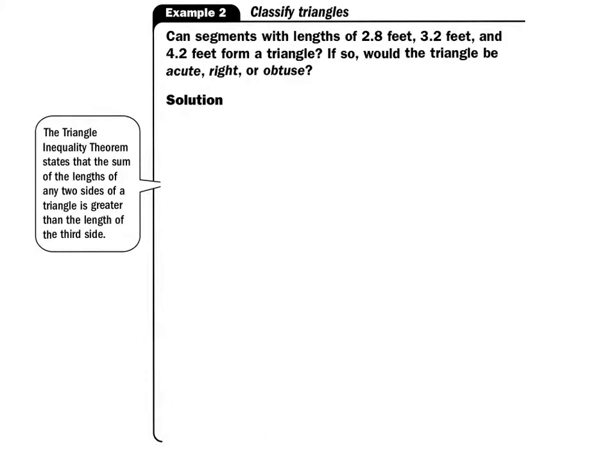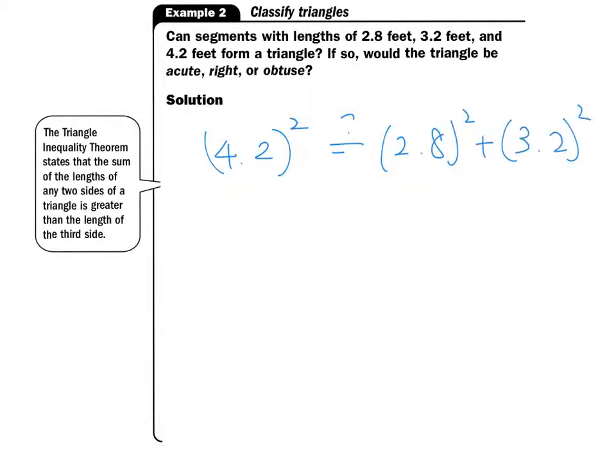So let's look at an example here. It says, can segments with lengths 2.8, 3.2, and 4.2 feet form a triangle? If so, would the triangle be acute, right, or obtuse? We find the longest side, which is 4.2, and square that, then square the other two and add the two shorter sides together to see if they are equal or which side is greater. 4.2 squared, I have to use my calculator, is 17.64 on the left-hand side.